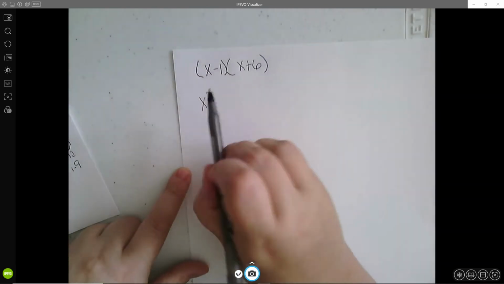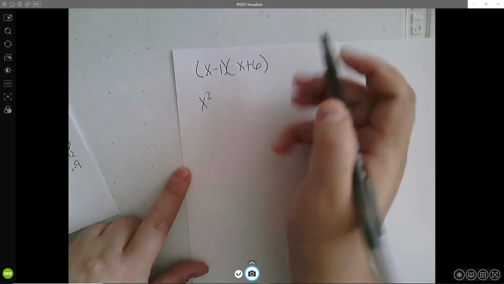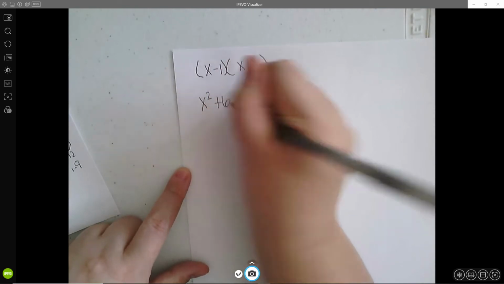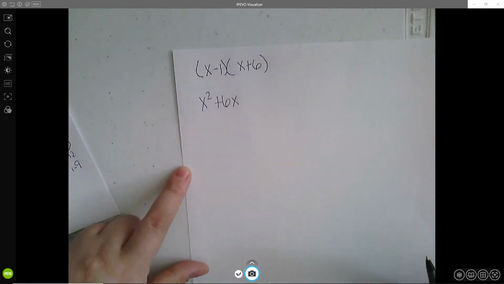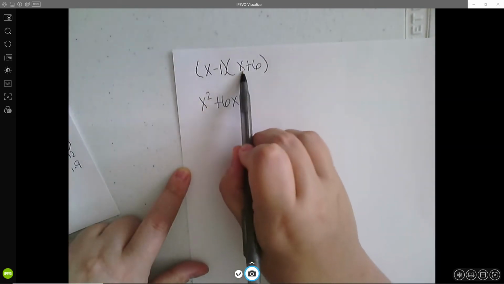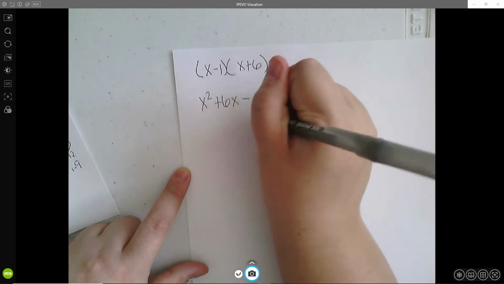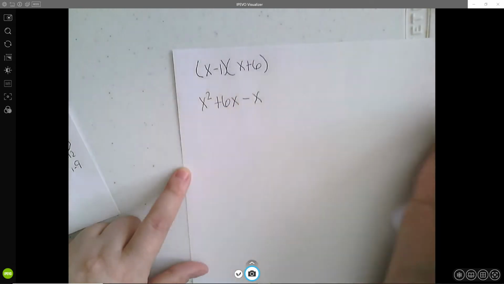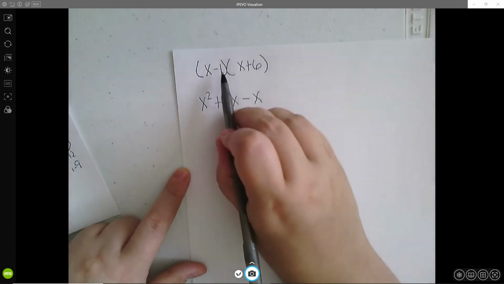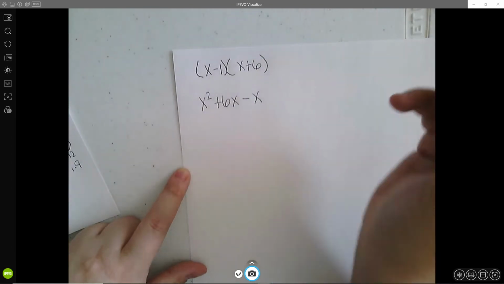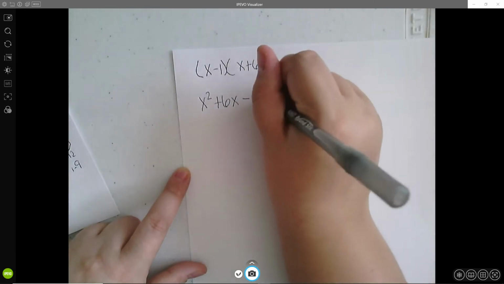I take my outside ones, x and a positive 6, which would be a positive 6x. I have a negative 1 and an x. Those are my inside terms, the I of FOIL. Negative 1 times x is a negative 1x, or I just write it as negative x. And then negative 1 times a positive 6, which is the last terms, is a negative 6.